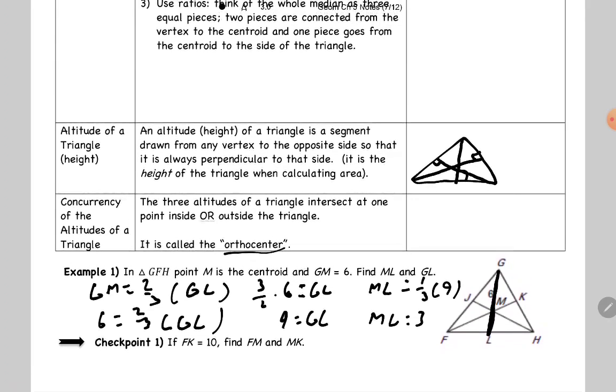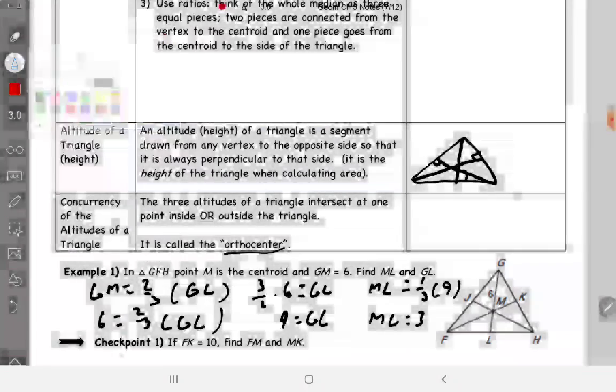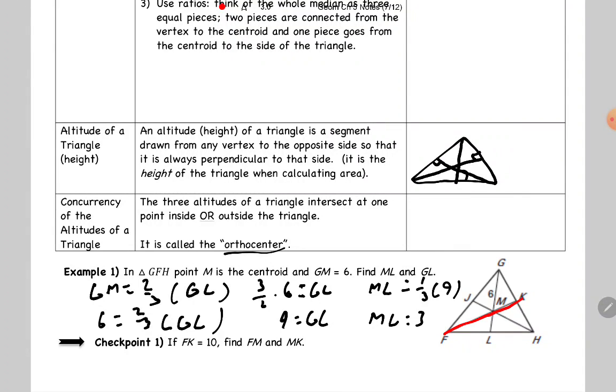FK is 10. They're saying that this whole line here, FK, is 10. Find FM. FM is the longer piece, so FM is 2/3 of 10. Why did they use 10?